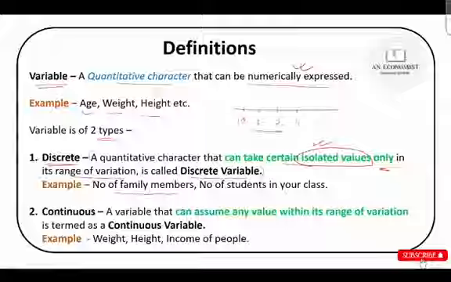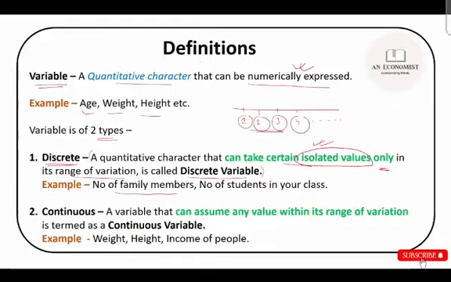The members of the family can be expressed only using whole numbers. You cannot have any family member between 1 and 2. You can't say that I have 1.5 members in my family. This is not allowed. So the possible values are 1, 2, 3, 4, and so on. These are certain distinct isolated values that your discrete data can take, right?